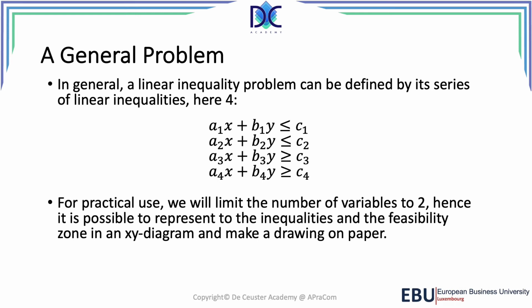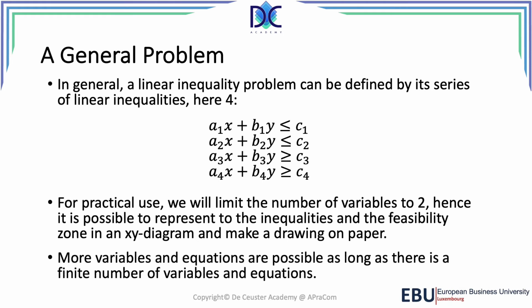Basically, we can draw it on paper, and it's very easy to show to you. We can have more equations, we can have more variables, but be sure that it becomes more and more complicated, certainly when we have more and more variables.